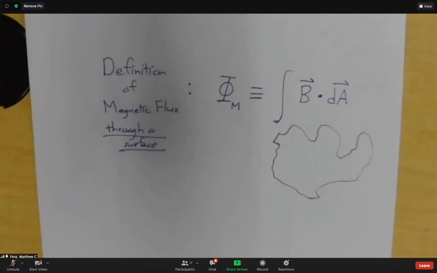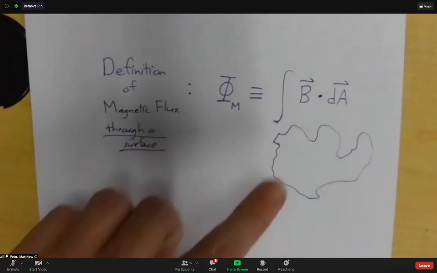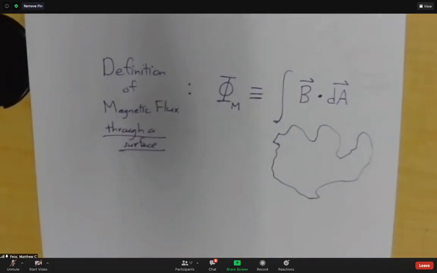If you increase the strength of the magnetic field, the field lines are closer together, so more of them would go through a certain region. If you increase the area, you're going to catch more field lines. Of course, if you increase the area enough, you might start to have some field lines go through in one direction and then cycle back around and come back the other way. So having a bigger area doesn't necessarily mean more net flux in a certain direction.